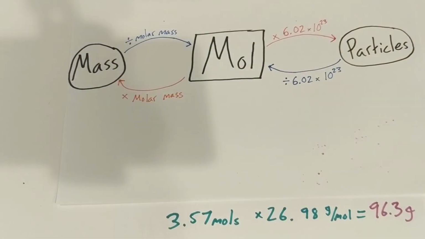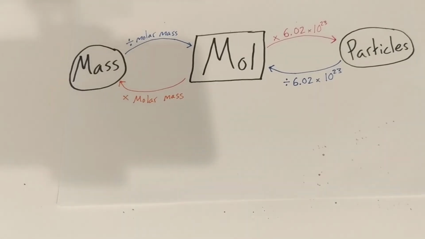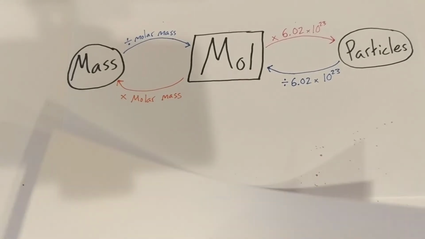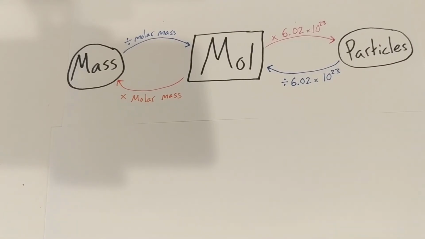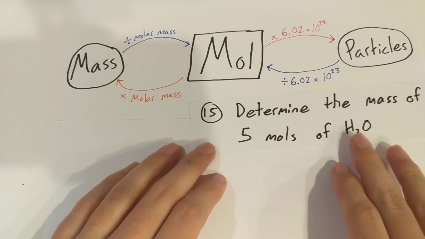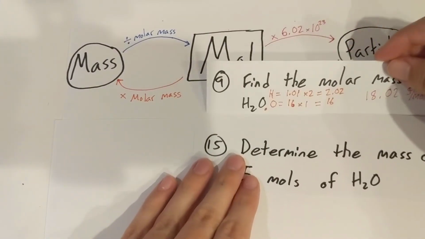Let's do a few more examples like this. All right, so if we had a question like question 15, determine the mass of 5 moles of H2O. Luckily, we already found the molar mass of H2O here.